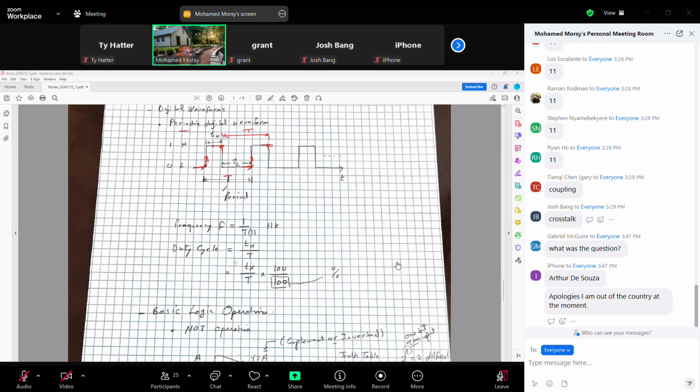Duty cycle. The frequency is 1 over big T, and also big T is 1 over F. It's the same.